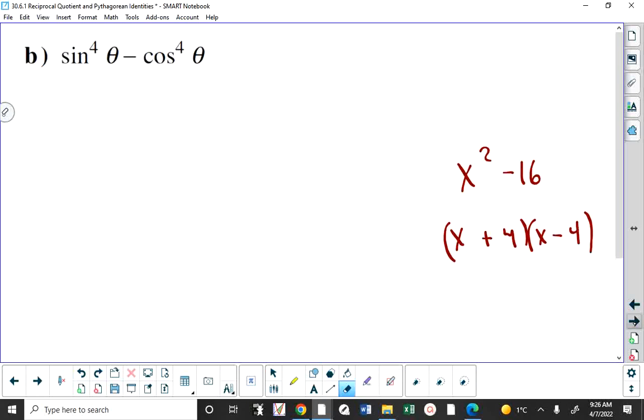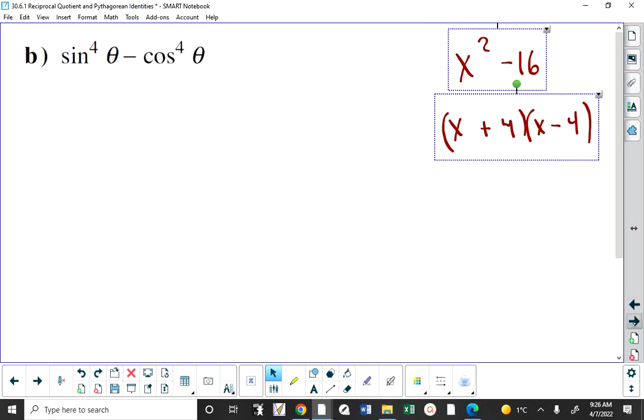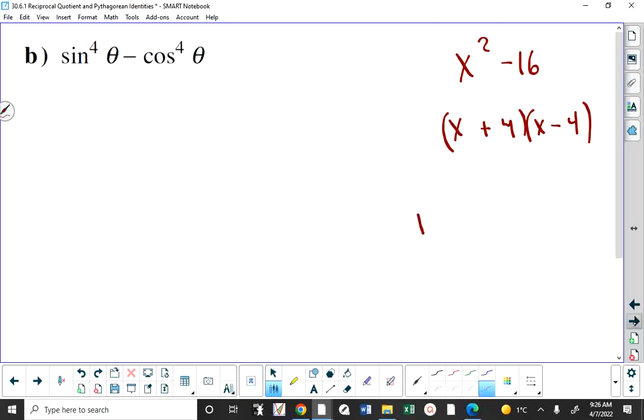Okay. What if I had r to the 4 minus 16? Well, r to the 4 is also a perfect square. It's the perfect square of r squared. So I could factor r to the 4 minus 16 into r squared plus 4, r squared minus 4.